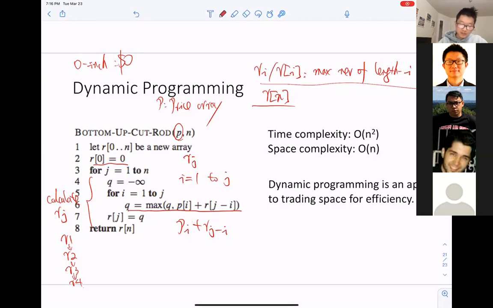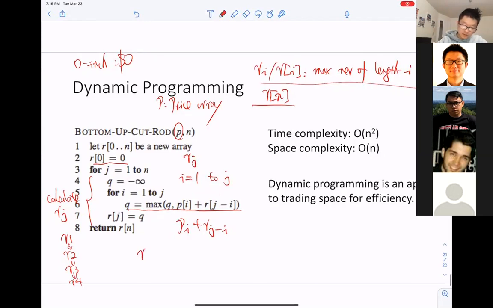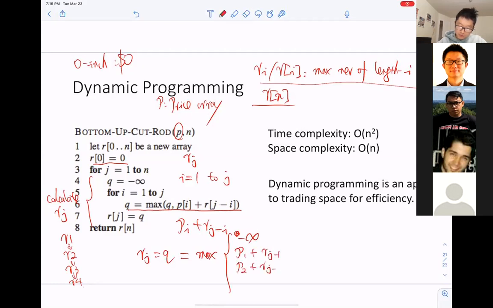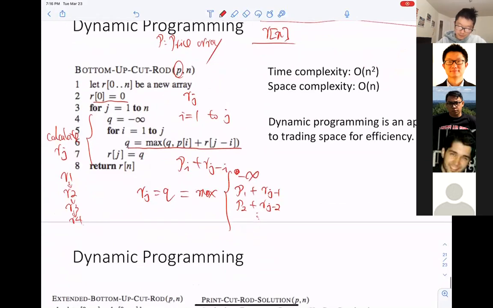If we extend it in this way, we're going to have Rj equal to Q equal to the max between negative infinity and P1 plus Rj minus 1, P2 plus Rj minus 2, and Pj plus R0. So basically, it will try all the possible places.